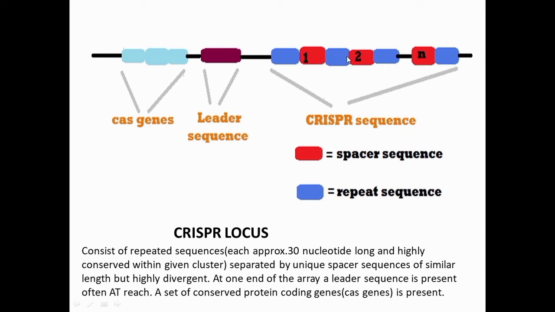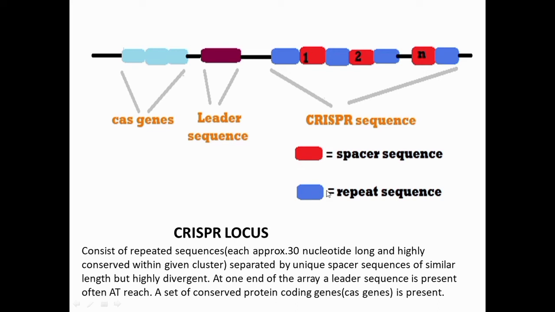This blue part is the bacteria's own DNA, and after the infection of the bacteriophages, the bacteria will cut the bacteriophage DNA and integrate a specific DNA fragment into its own DNA, and because of that these two palindromic repeats will be interspaced with the help of this DNA fragment, which we call a spacer sequence.